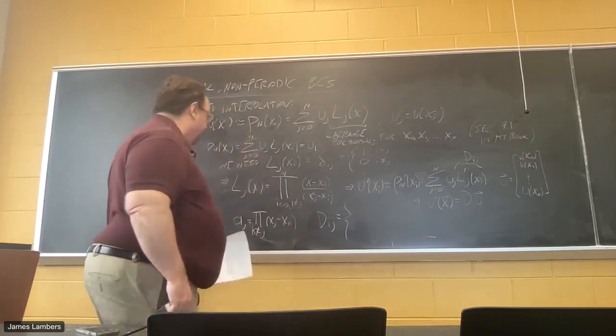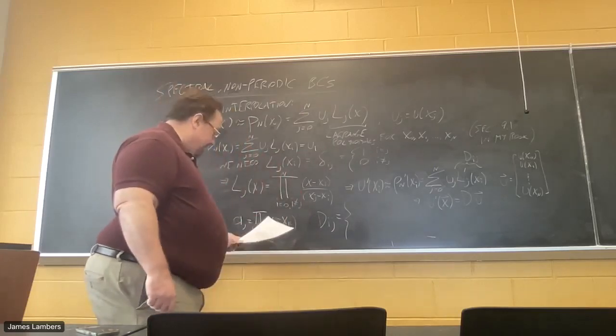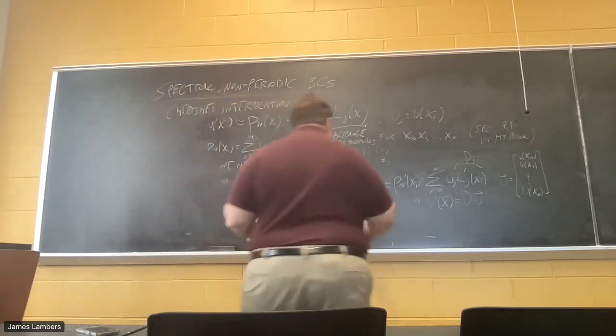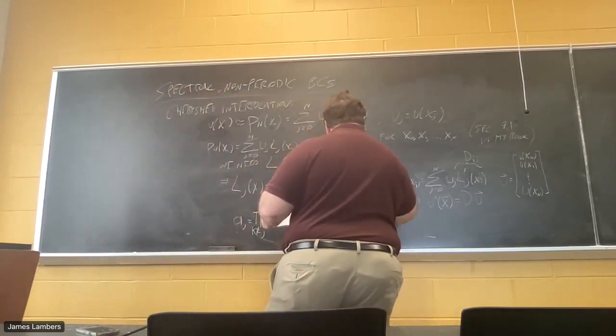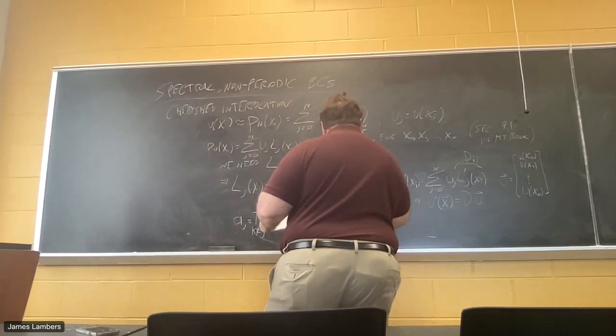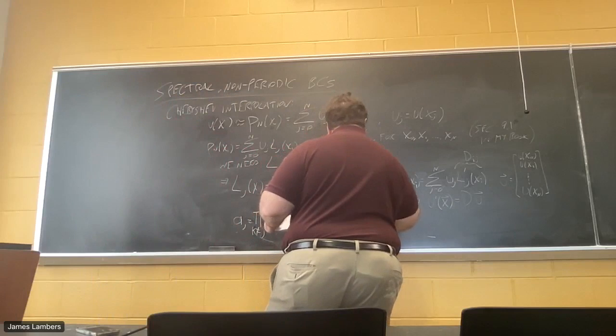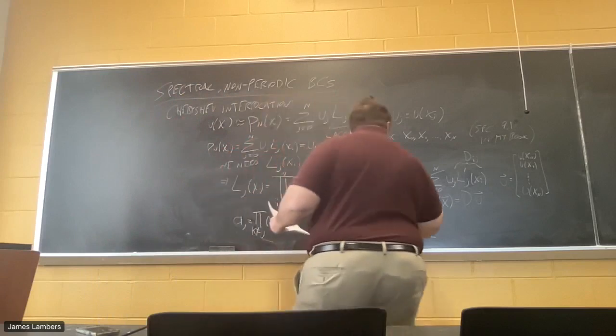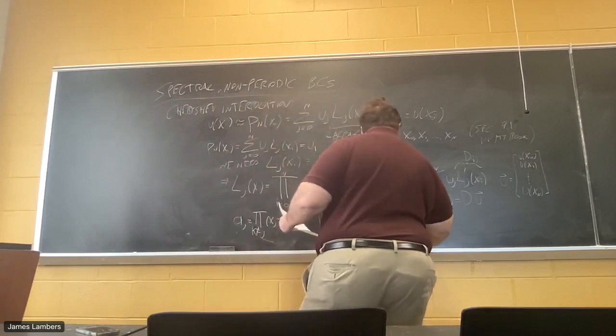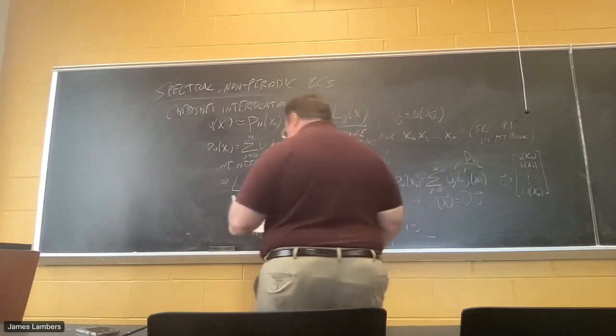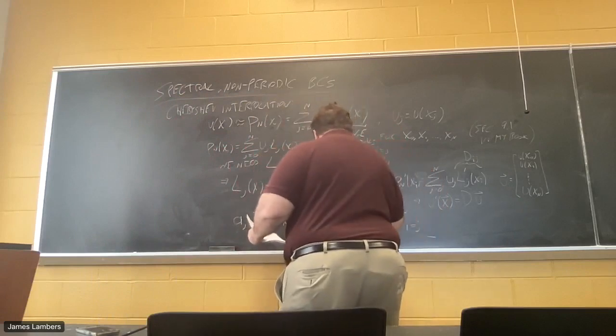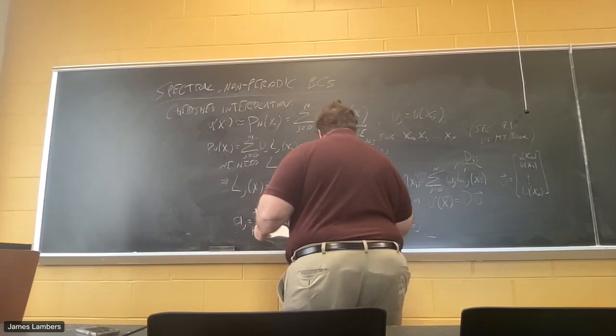Once I have that, I get ai over aj times xi minus xj. These are the off-diagonal entries, so i not equal to j. And then for i equal to j, I have a sum over k not equal to j of one over xj minus xk.